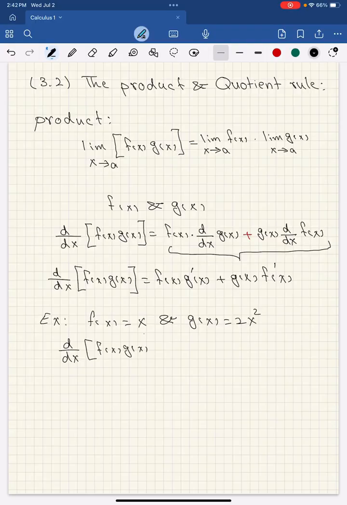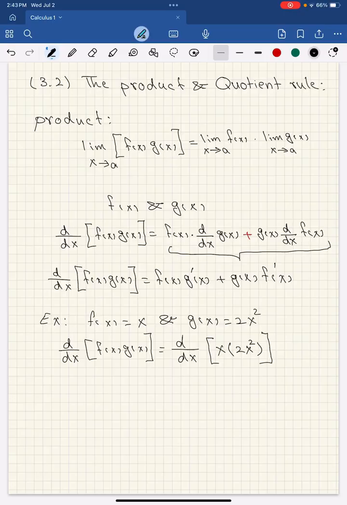It means find the derivative of this product. How to proceed? It means they are asking you to find the d/dx of f of x, which is x, times g of x, 2x squared. It means look for this derivative.